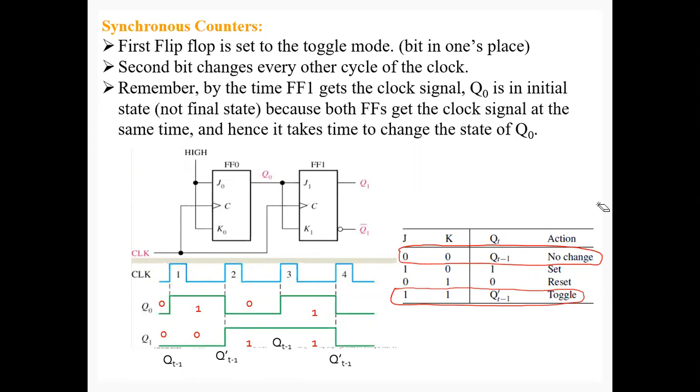So how would we get a scenario where it's either set or reset? Because so far we've only gotten no change or toggle. No, our goal is not to make set or reset, right? So we have to use the value according to our goal, right? What is our goal right here? That's a good question, Bridget. Our goal is to make a counter, right?